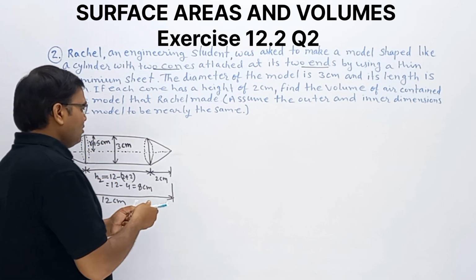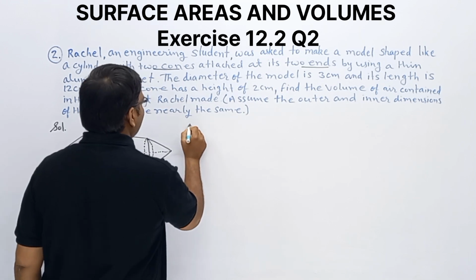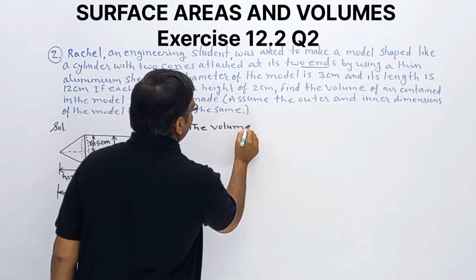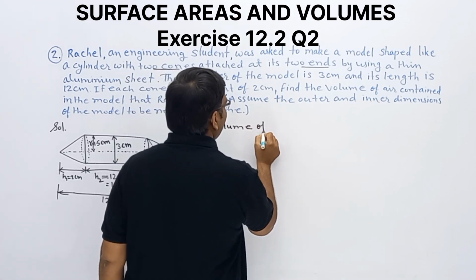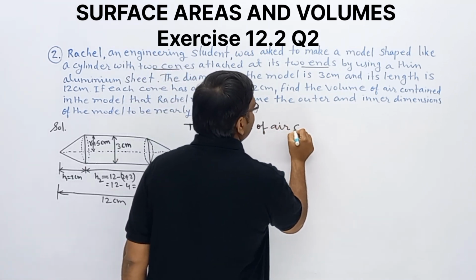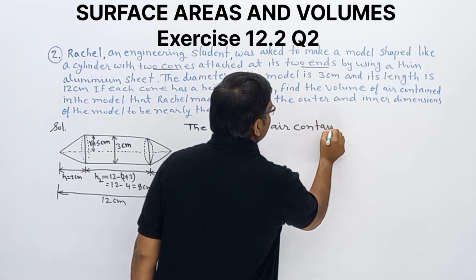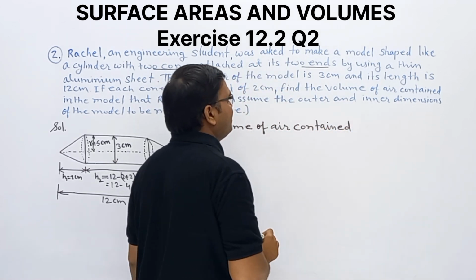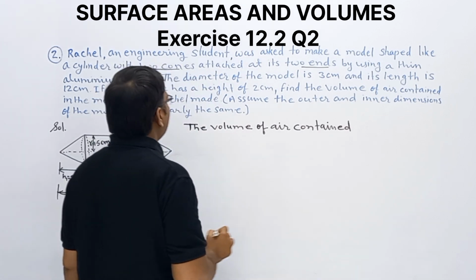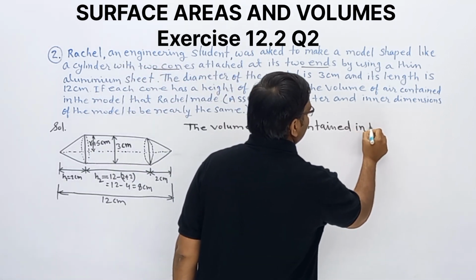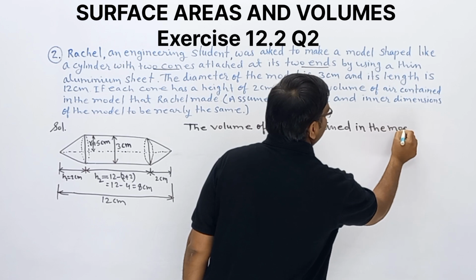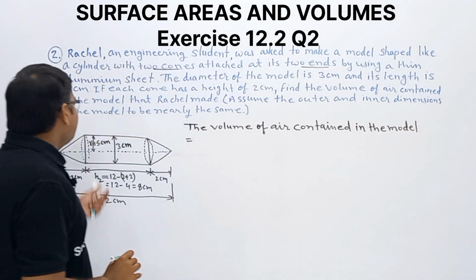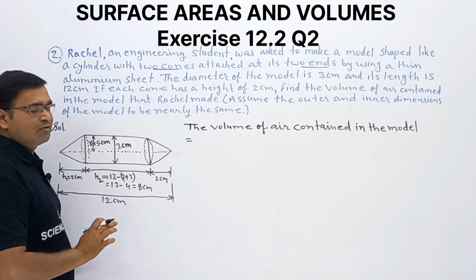So the volume of air contained in the model is equal to this shape having two cones.